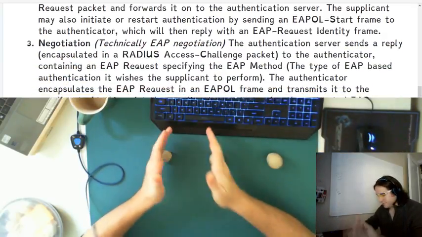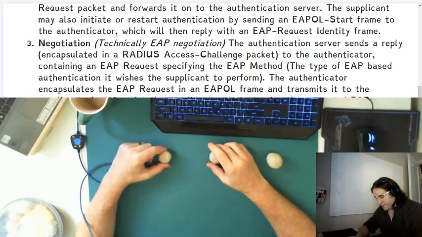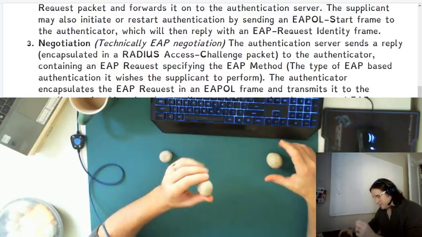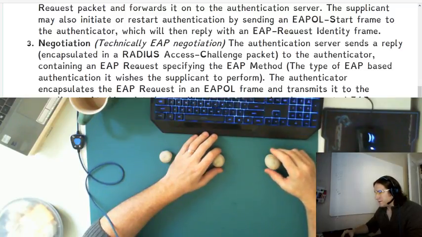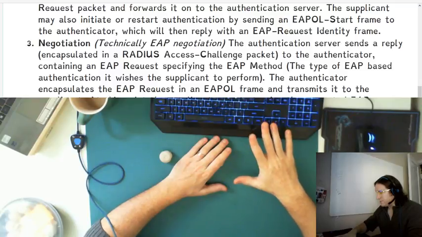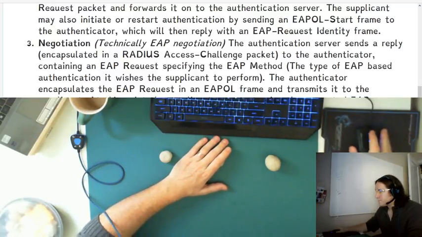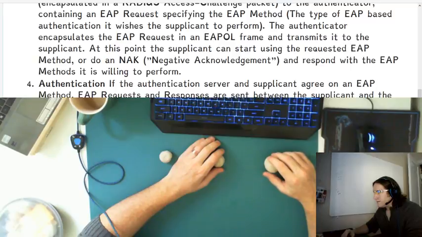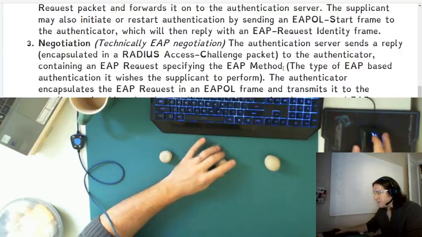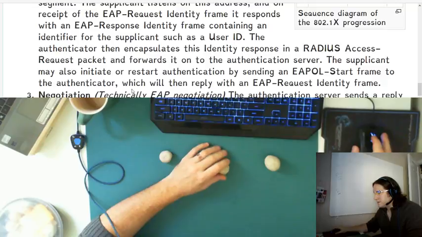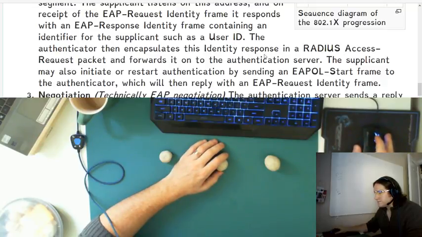So first there's an identifier, then a response, then the authenticator sends the request authentication packet to the authentication server. And then the server sends a reply encapsulated in the RADIUS challenge packet. Access request. Challenge access request.